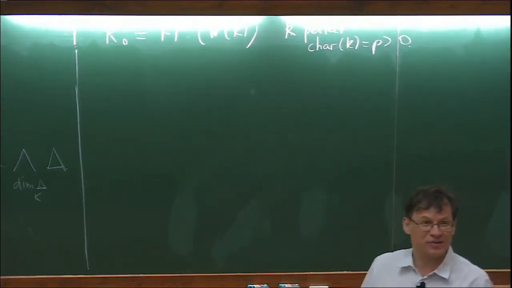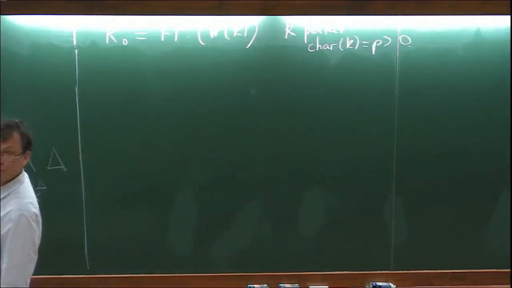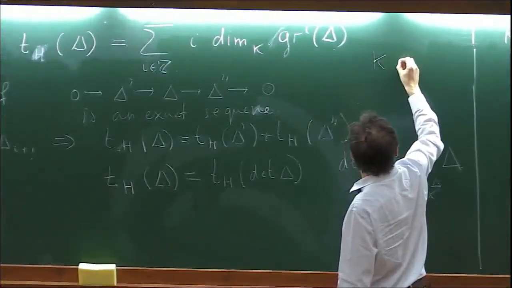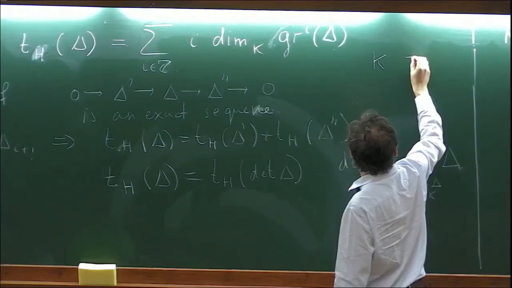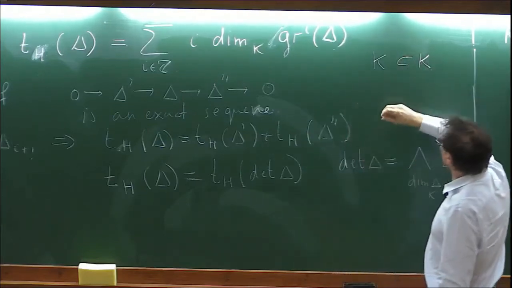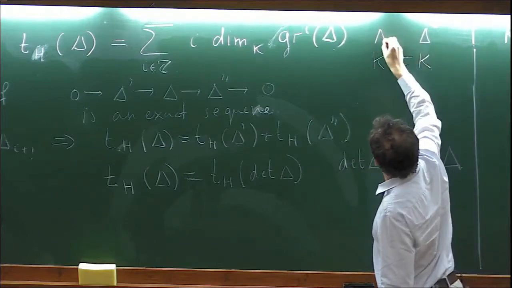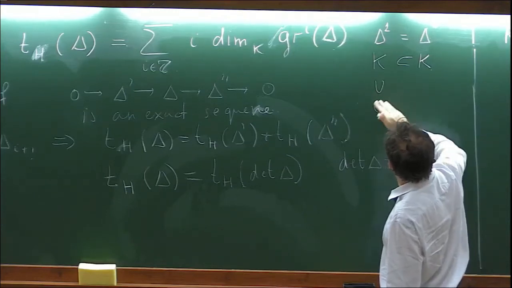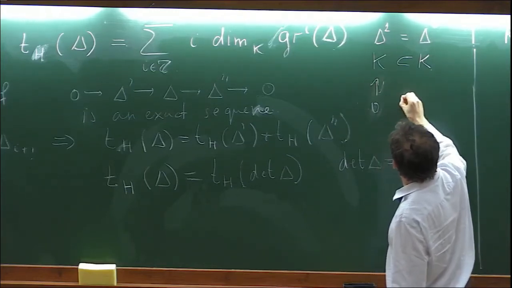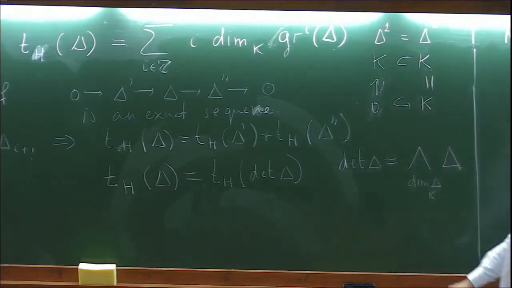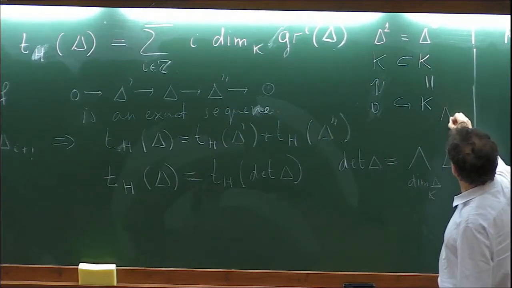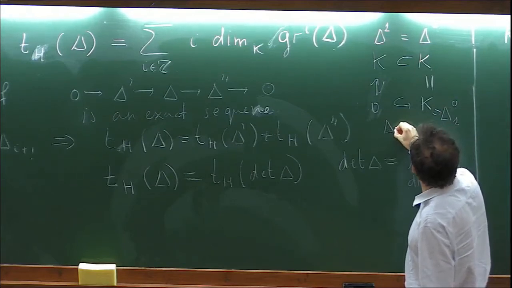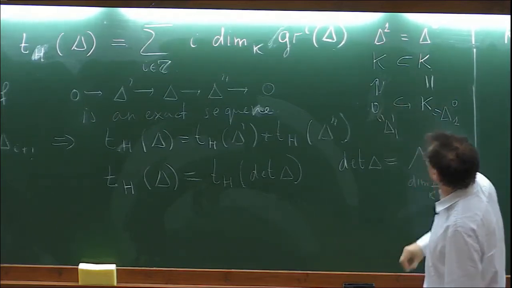This is an exercise. For example, if you take two copies of K, consider K included in K, this is Δ_0, this is Δ_1. Here you take 0, here you take K. So this is your Δ_{1,0}, Δ_{1,1}.